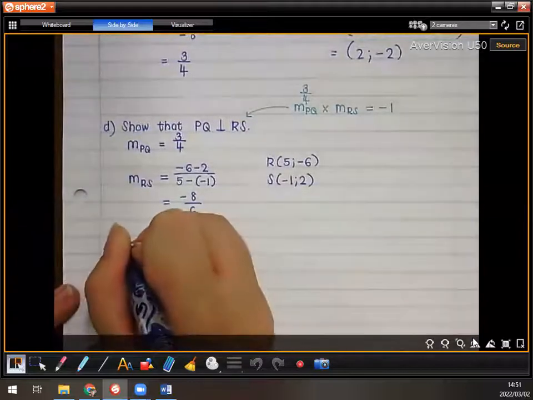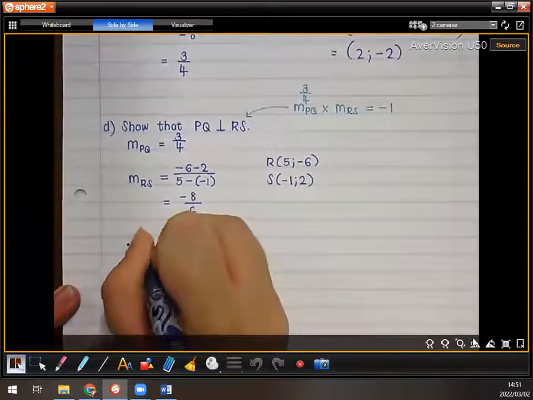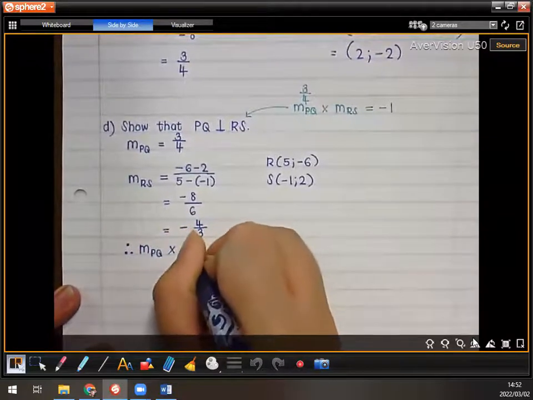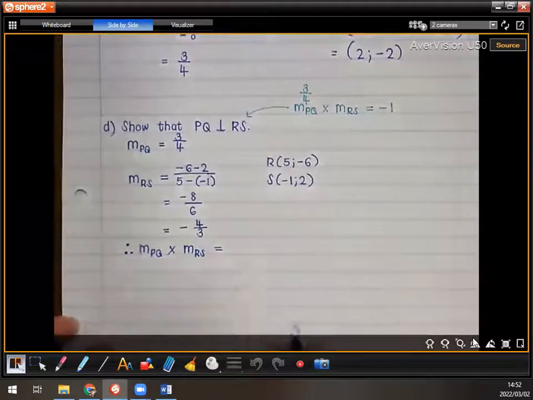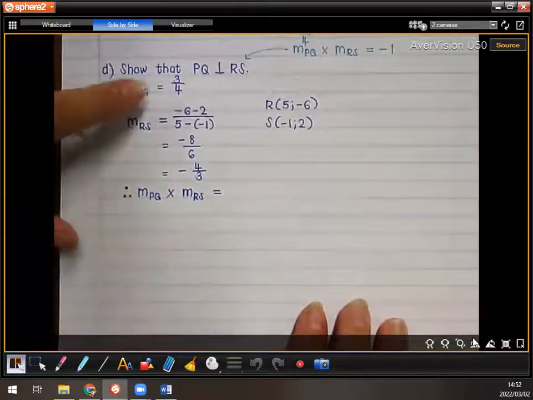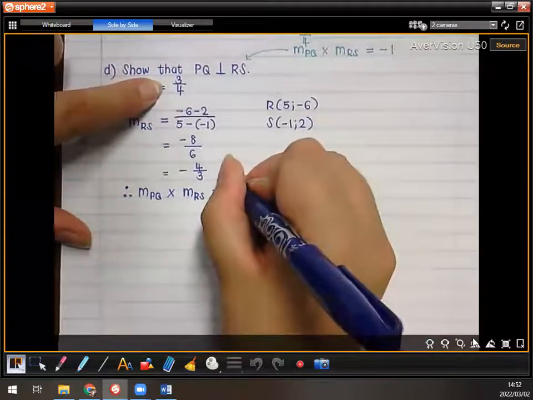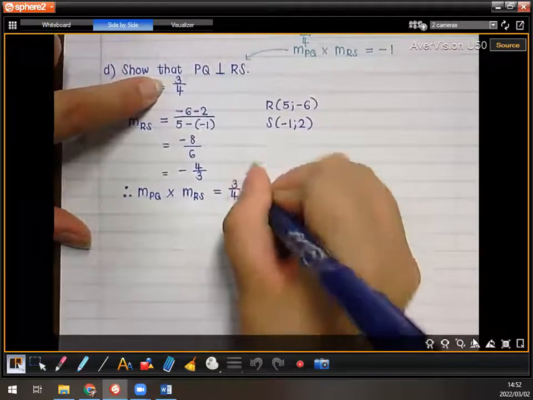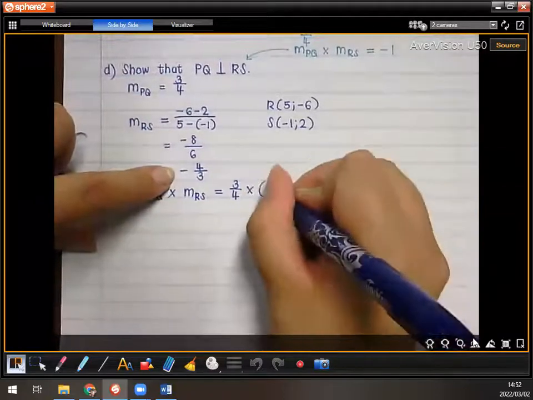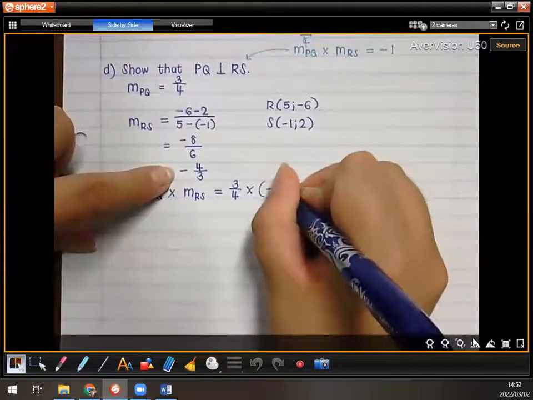How are you going to say it? Therefore, the gradient of PQ multiplied by the gradient of RS is equal to 3 over 4 times the gradient of RS, which was negative 4 over 3.